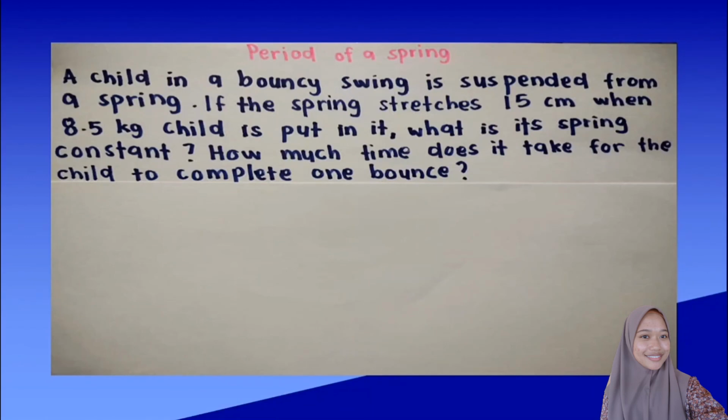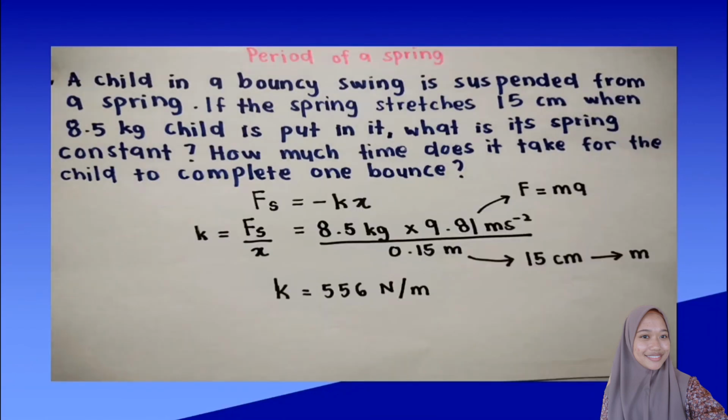So kita gunakan formula Hooke's law, F equal to negative kx, sebab dia kat soalan dia minta what is the spring constant. So kita arrangekan formula Hooke's law tu, akan dapat K equal to F over X.